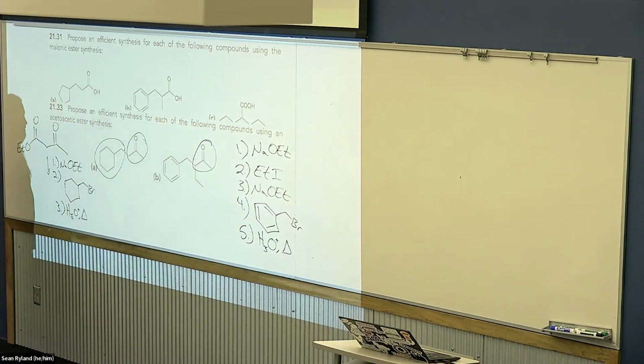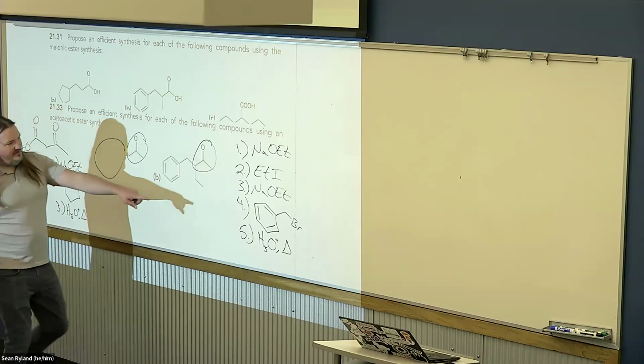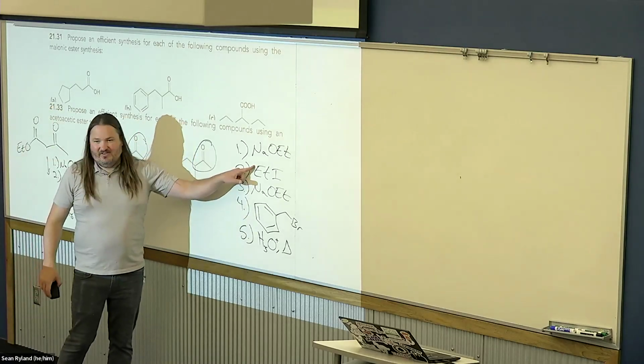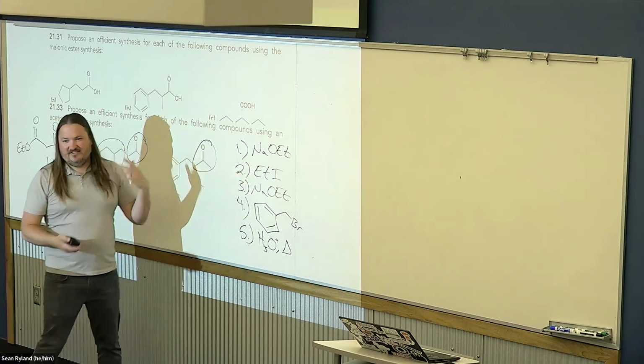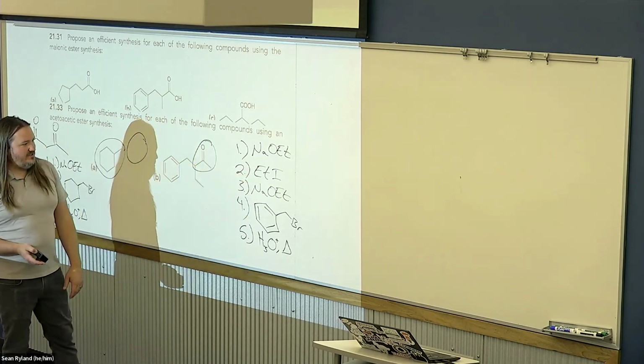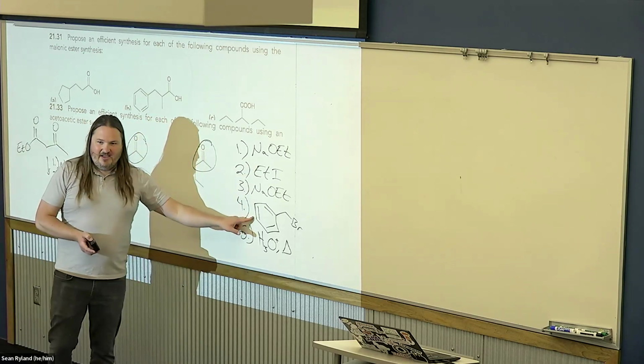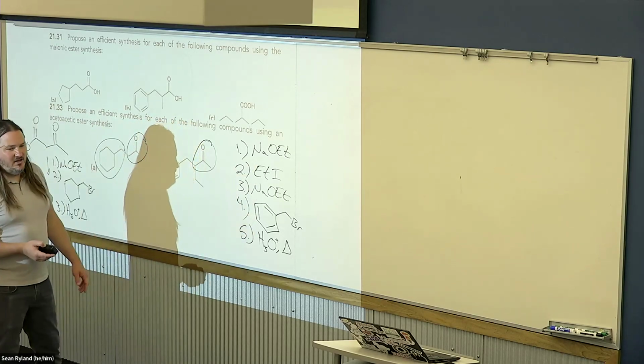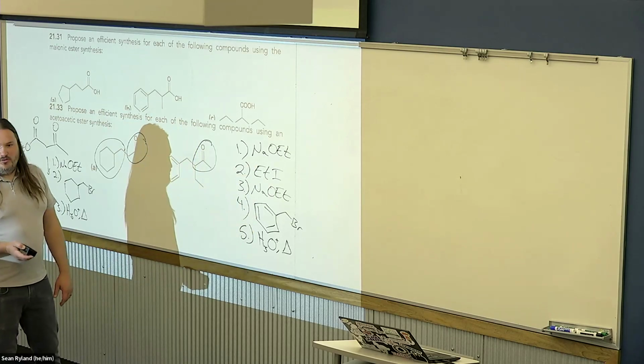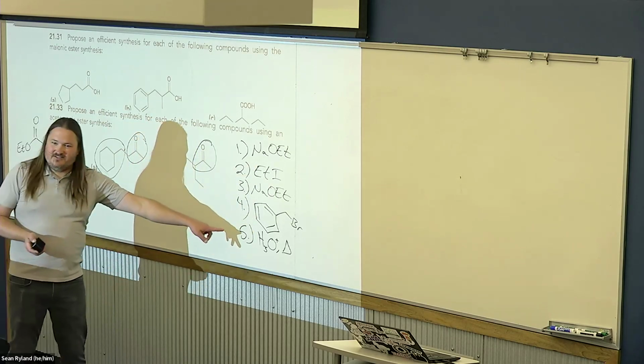This is definitely a case where sometimes working backwards can be helpful, because we don't have this in the stock room. We probably have this in the stock room. If not in our actual stock room, on our list of common reagents we could order if we needed to. We might not have that, we might need to make that ourselves. But if we have toluene and NBS, we can make this.